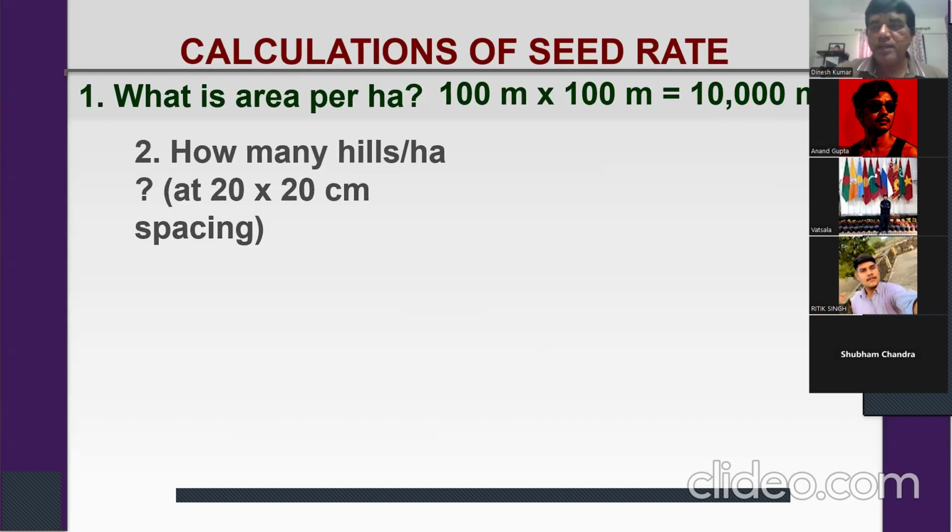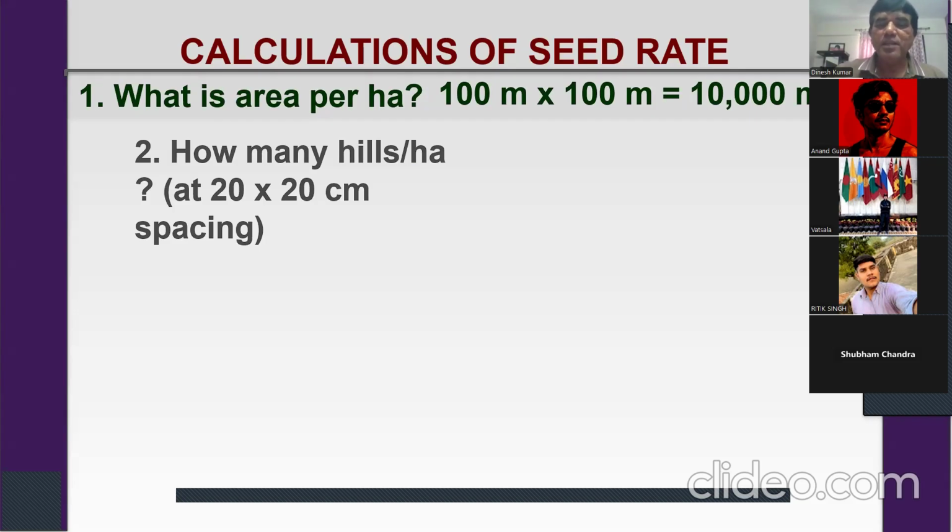Number of hills, you understand? In case of rice, hill means the place where you are transplanting a seedling, one seedling or two seedling or three seedling at one particular point in the field. You transplant, and then the height of this plant is more than the soil. It is above the soil. So it looks like a hill.